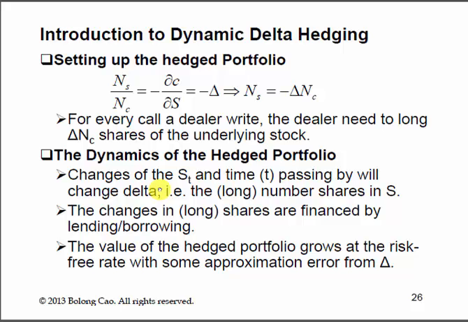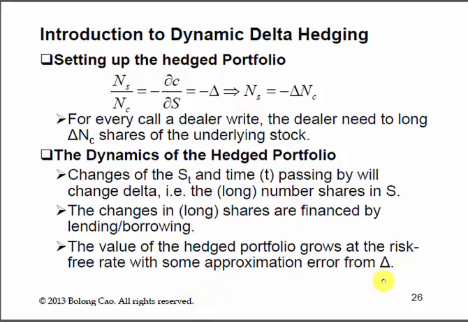These changes in the long position, maybe you need to buy more, maybe you can sell some, and with the proceeds you can invest in a bond or lend out at the risk-free rate. And if you need to buy more, you can borrow the money. So this is how the portfolio will evolve in terms of actual money coming in or going out. It will all be at the risk-free rate.